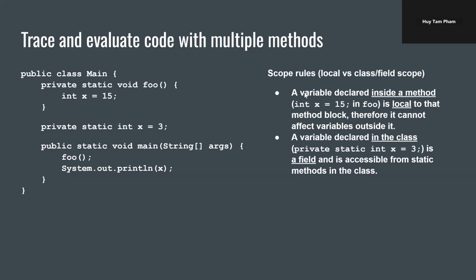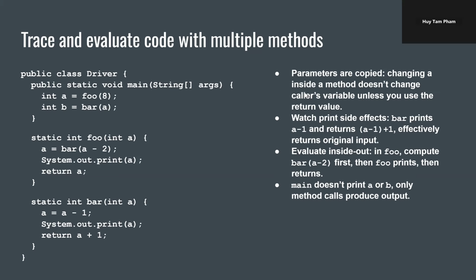A few important points that you always have to remember for this kind of problem. Parameters are copied, and let me show you what I mean by that. Integer a equals foo 8. Since main is always going to be executed, the value 8 is then going to be copied to another function called foo.